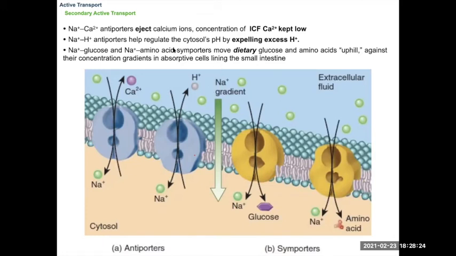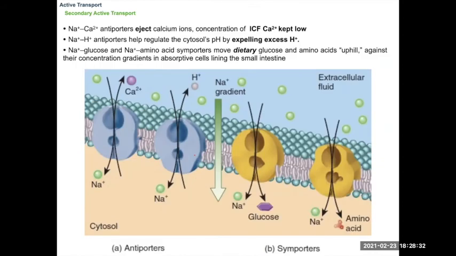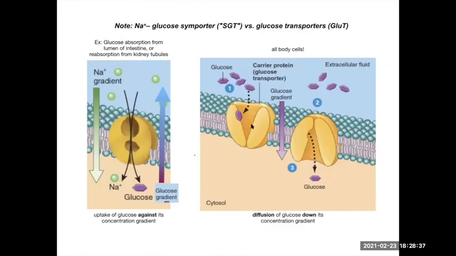And we'll see this in the absorptive cells lining the small intestine, as well as in the kidneys, right? So I'll talk about that in a second, but I just want to point out back here, remember we talked about the glucose transporter molecules that are just moving glucose down a concentration gradient.